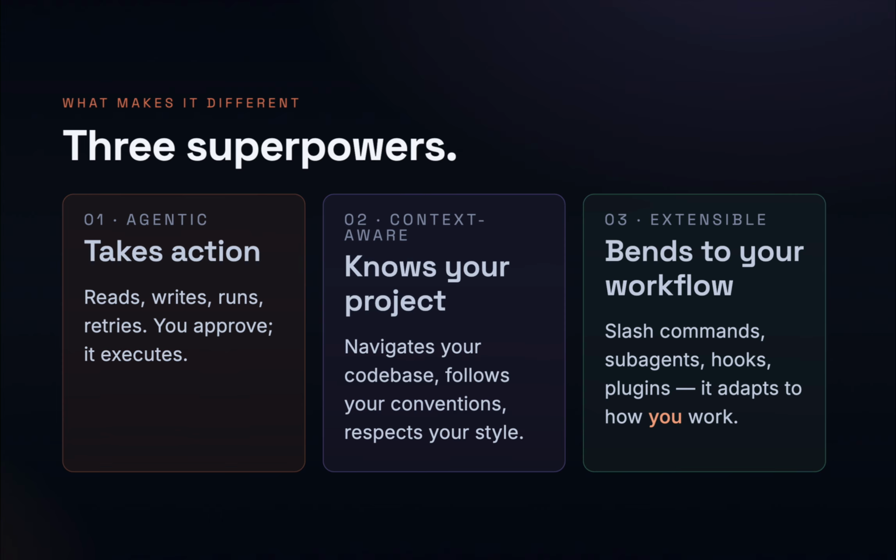Second, it's context aware. It learns your code base, your conventions, and your style. Third, and this is what we'll spend the rest of the series exploring, it's deeply extensible. You can shape it to your exact workflow with slash commands, subagents, hooks, plugins, and much more.